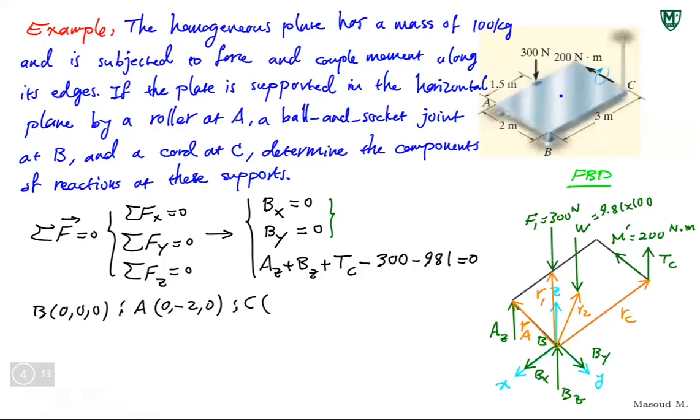Coordinate of point C would be, well, this is point C. That's where this is, minus 3. Exactly. Thank you. Minus 3, 0, 0. Let's keep it that way. Maybe I should call this point D. We don't have a point D, so let's call this point D. What is the coordinate of point D?